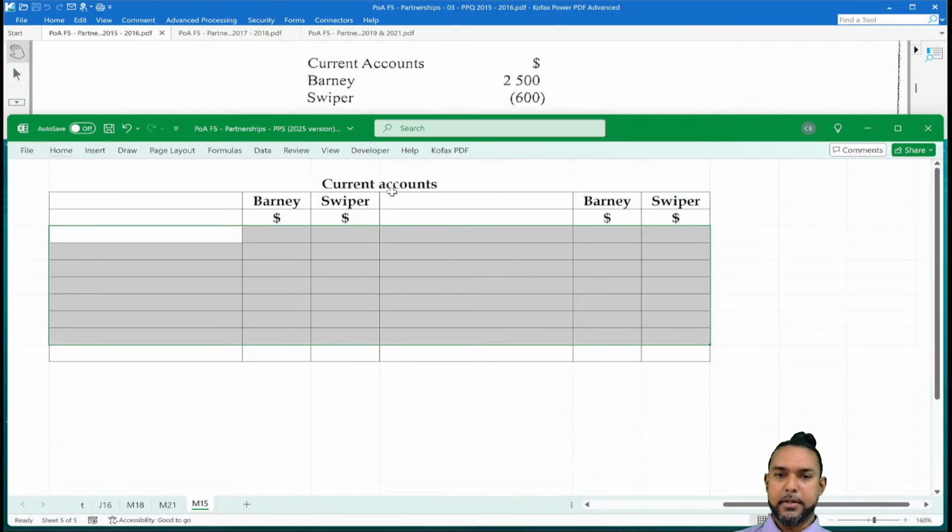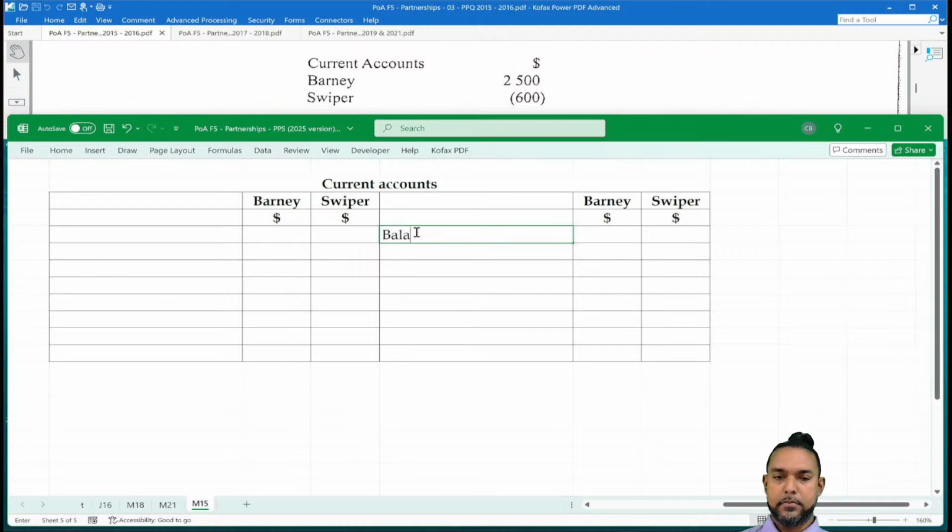All right, so Barney had the credit balance, 2,500, and Swiper had the debit balance. All right, cool. So we start in there.